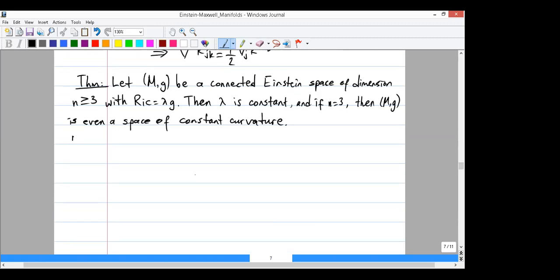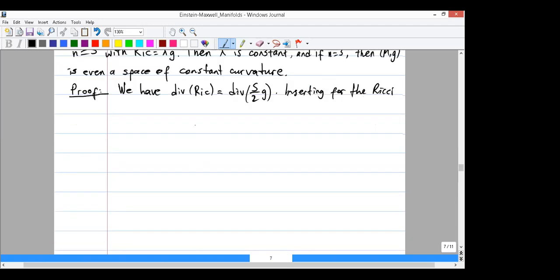And the proof for that: we have this divergence equation, divergence of Ricci is equal to one half divergence of the scalar curvature times g, and inserting for the Ricci tensor, which is lambda g, and taking the trace.